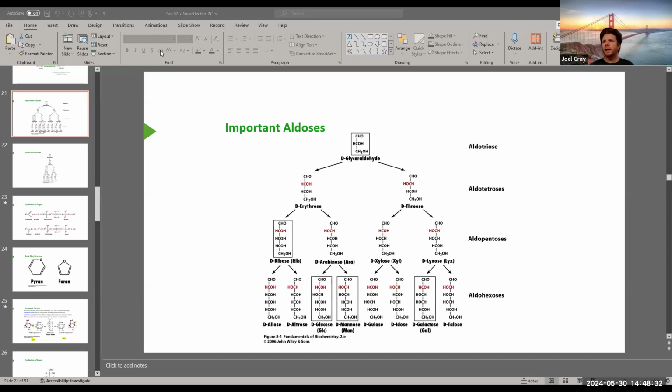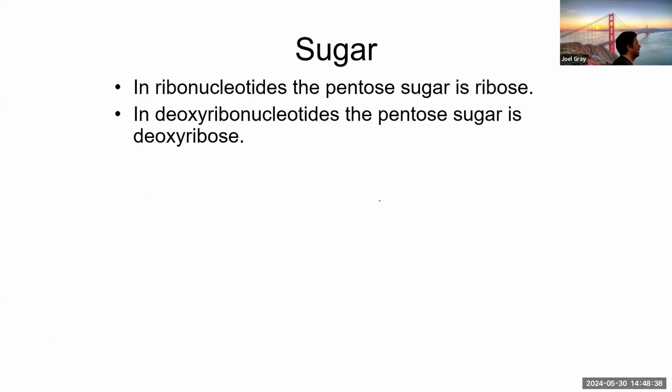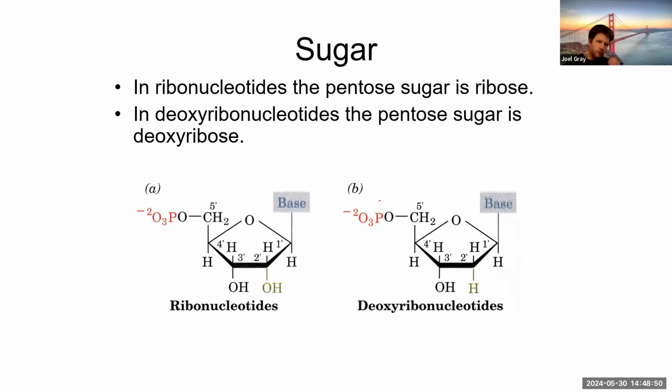Now I'm going to go back to this right here. So what do you think that means about deoxyribose? Is that also an aldopentose? It is. So that's our 5-carbon sugar. Ribonucleotides are going to have this on the left-hand side, and deoxyribonucleotides are going to have that right there.